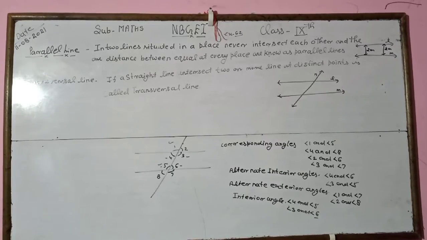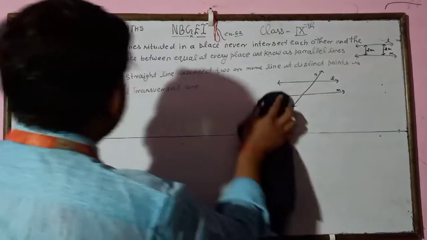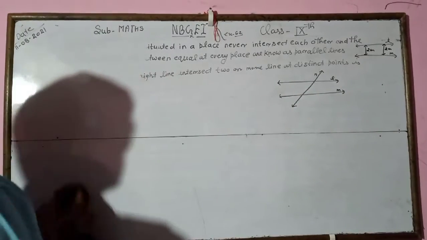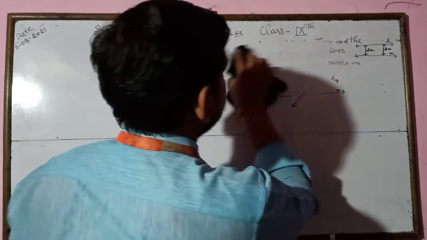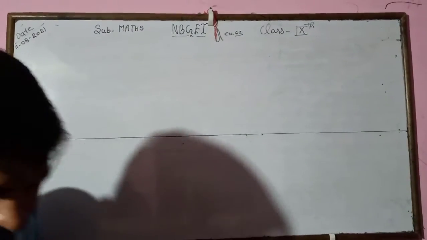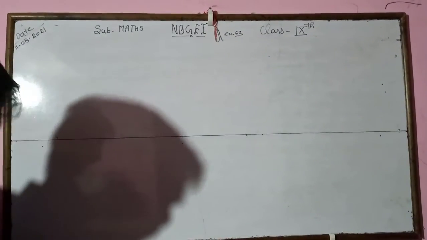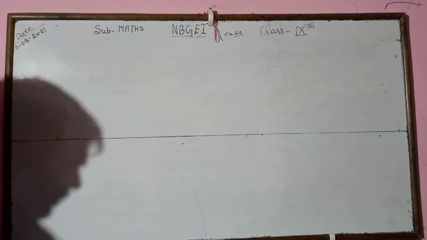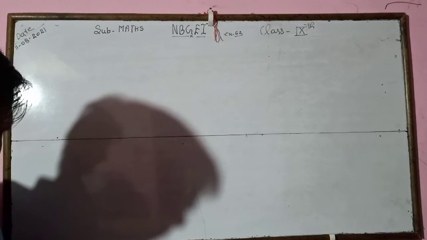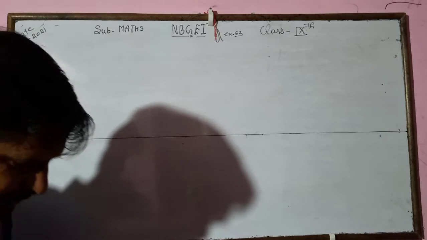Now exercise 6.2, question number 1. In the given figure, find the value of x and y and then show AB is parallel to CD.